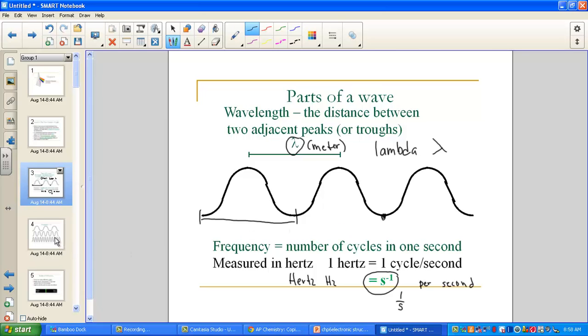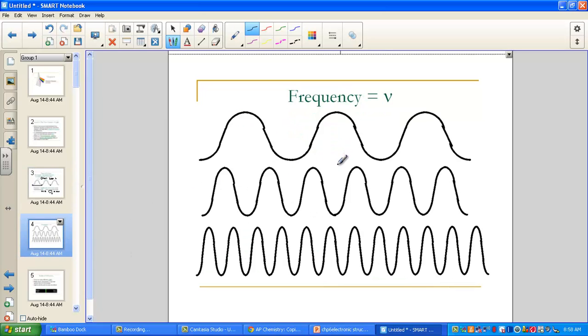We can see frequency in this slide. As the wavelength increases, the frequency decreases. Here we have a shorter wavelength, but an increased frequency. Here again we have a shorter wavelength, but an increased frequency.